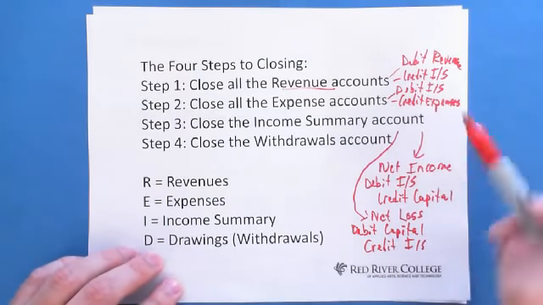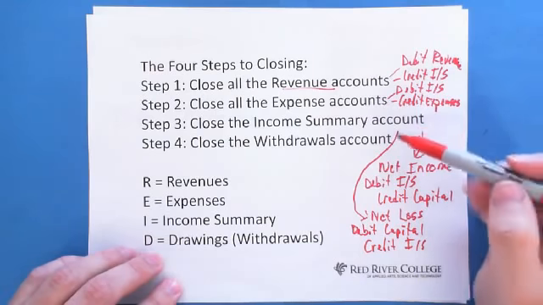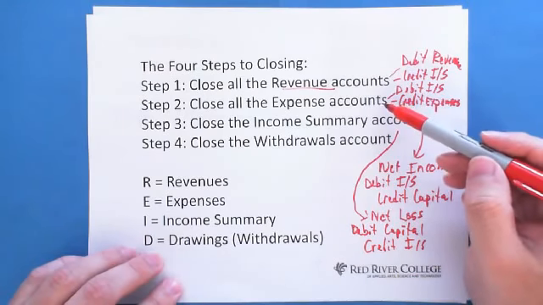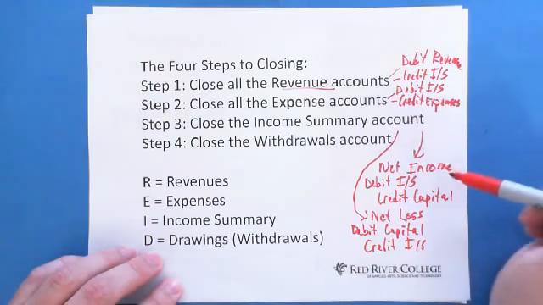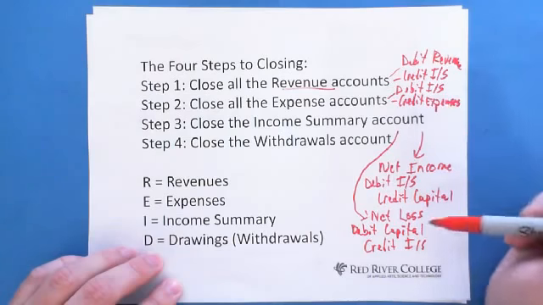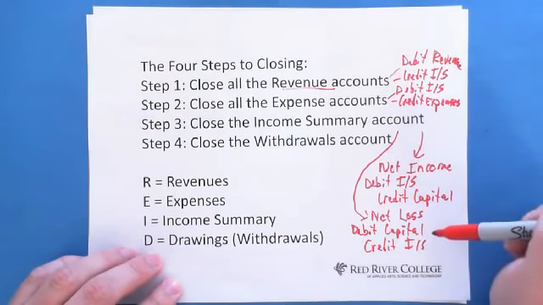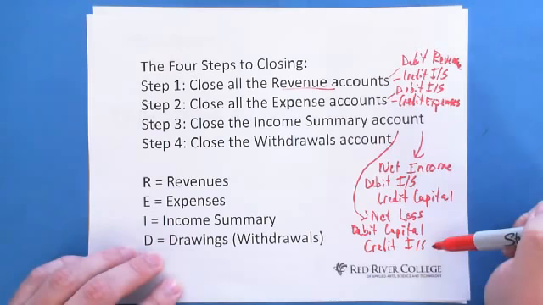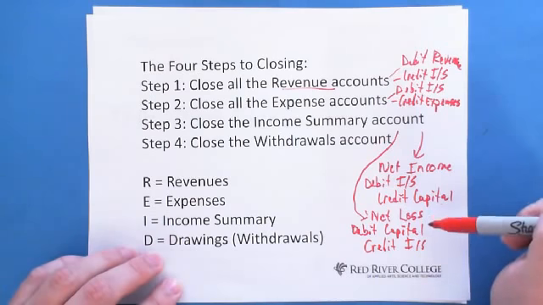So step 3 is dependent upon what you did in step 1 and step 2. If the revenues are bigger, we end up with a net income, so then we debit income summary and we credit capital. But if expenses are bigger, then we end up with a net loss, which means we have to debit capital and credit the income summary. So of the 4 entries, this is the only one that could go 2 ways.